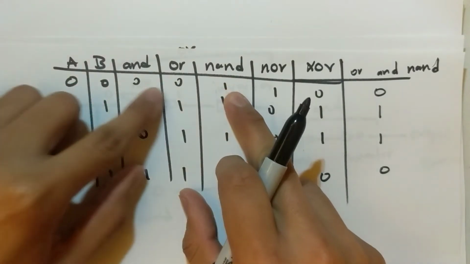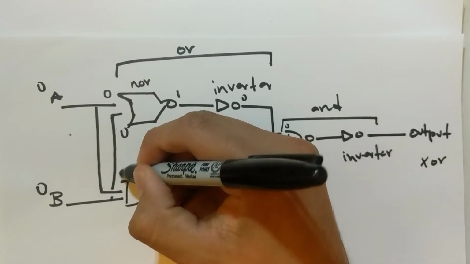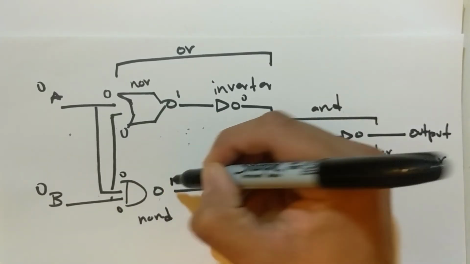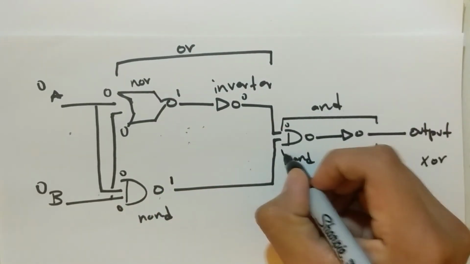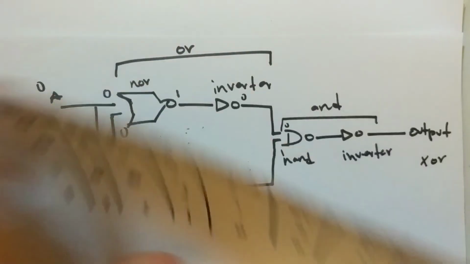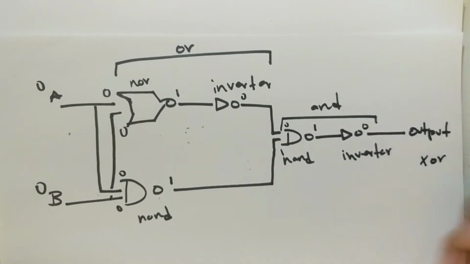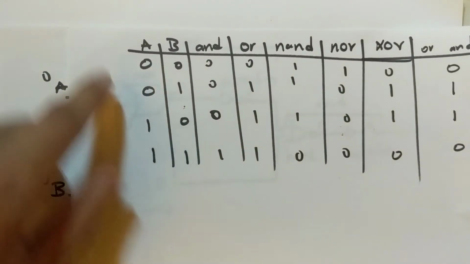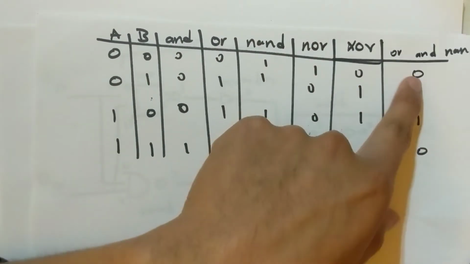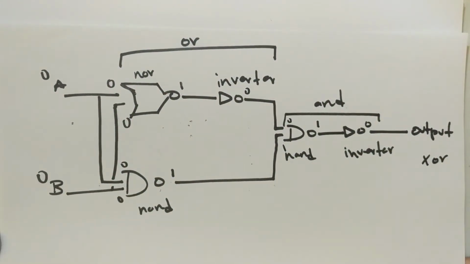NAND of 0 0. 1. And there's a 1 over here. All right, what's the NAND of 0 1? NAND is a 1. What's the inverse of 1? 0. Output is 0. All right, so if we give a 0 0 into this entire gate, we get a 0, right? Boom, it works.